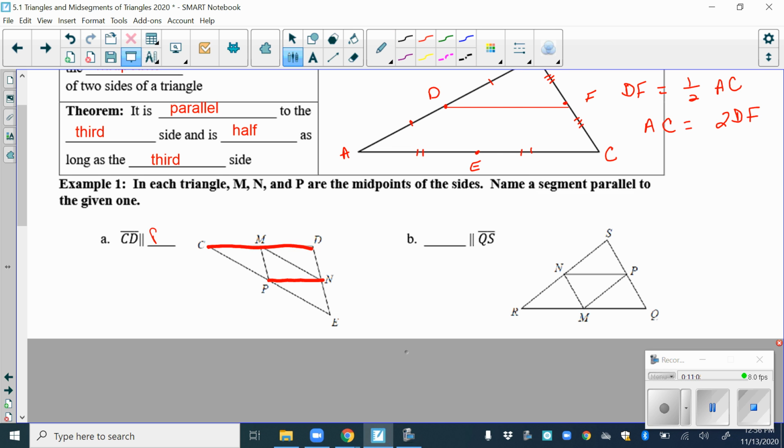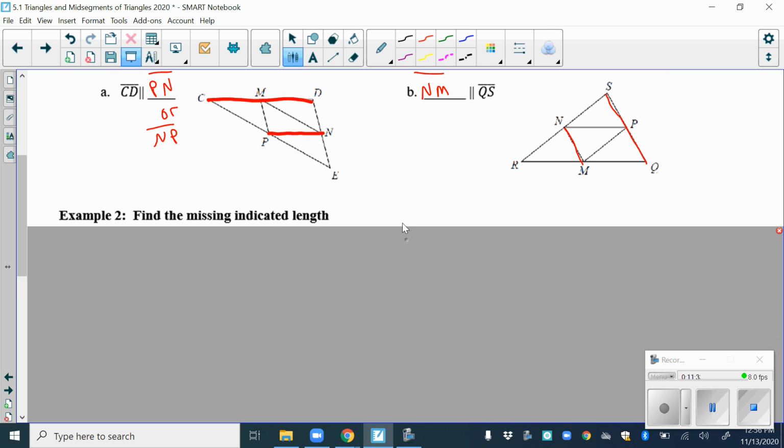And it doesn't matter whether you call it PN or NP. The segment is the same segment no matter which endpoint you put first. All right, now on this one I have segment QS. Which mid-segment is parallel to QS? This one right here, MN. Again, you could call it MN.